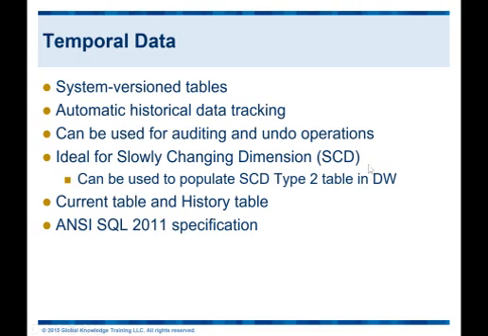In a data warehouse, we have the concept of a slowly changing dimension, or an SCD. And an example might be, say, a customer moving from Seattle to New York.